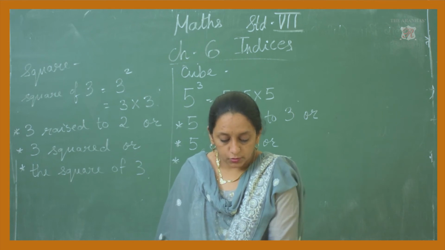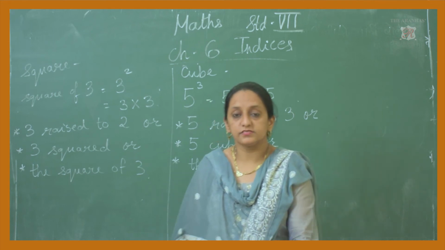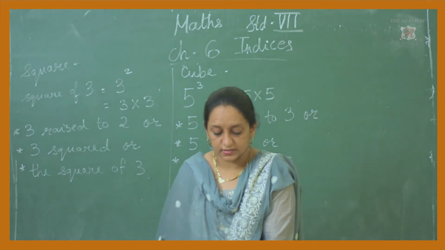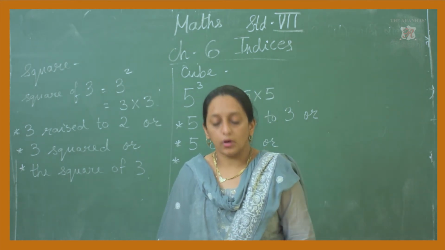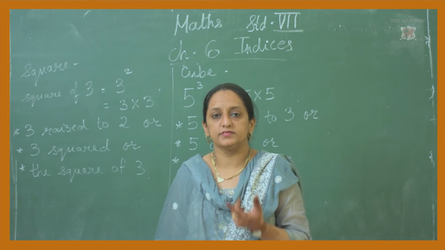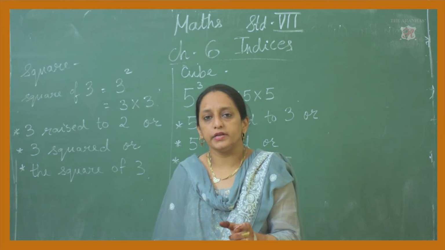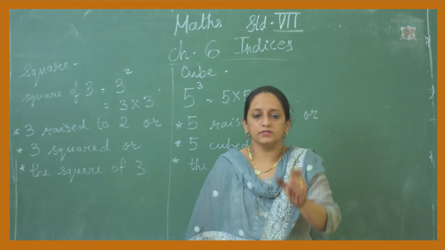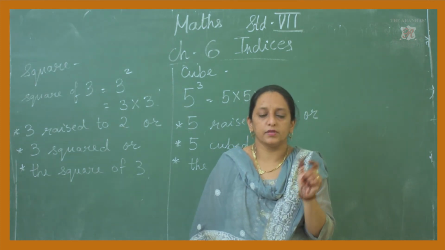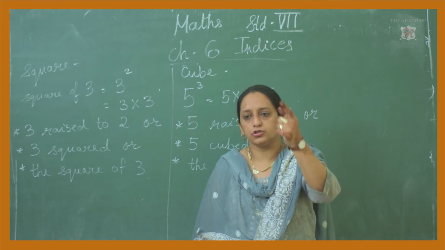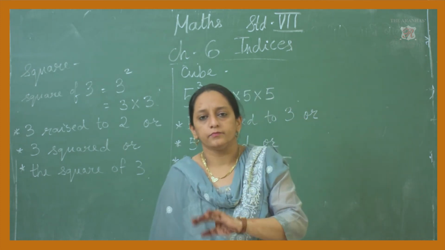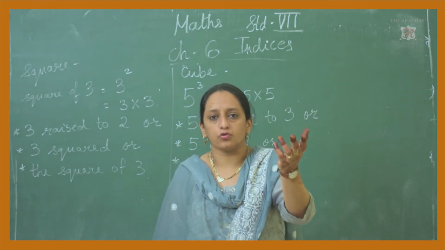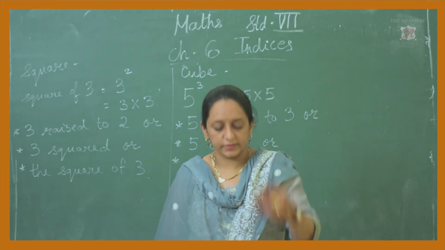So students, today we have done the starting part of the indices lesson, in which we have seen how the base and index of a number are written and how you can read that number. In 2 raised to 3, what is down, the base number, is read first, and what is on top is read at the end. 5 raised to 4: 5 is the base, 4 is the index.